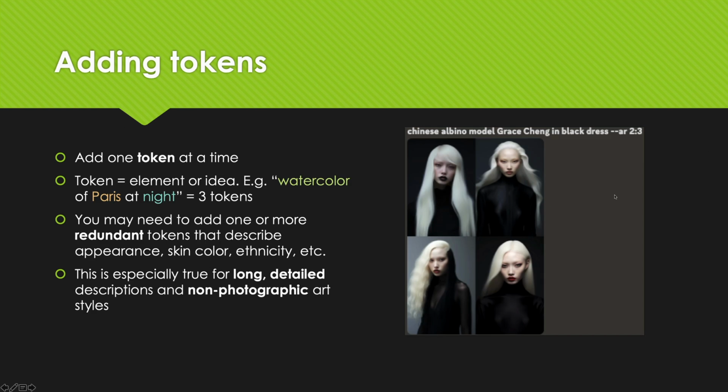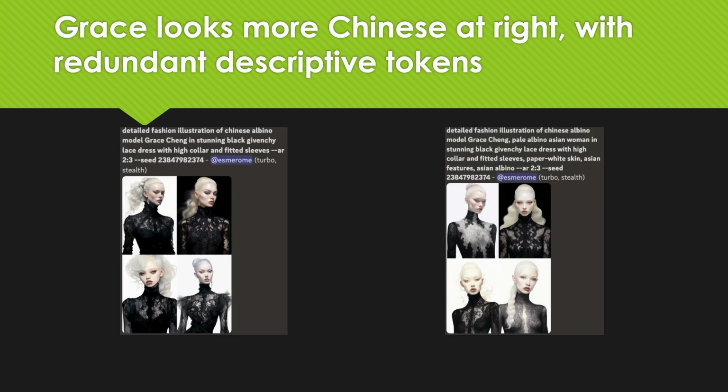So we've got Chinese albino model Grace Chang in black dress. And here we've got some images of her. Remember, a token is an element or an idea, like watercolor of Paris at night. That's 3 tokens. You can add redundant ones, and this is especially true for long, detailed descriptions and non-photographic art styles.